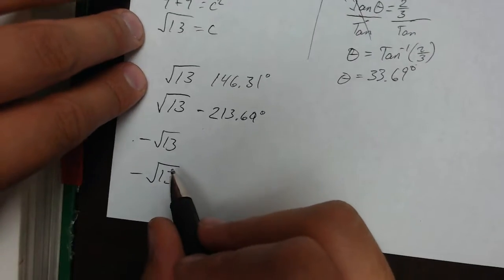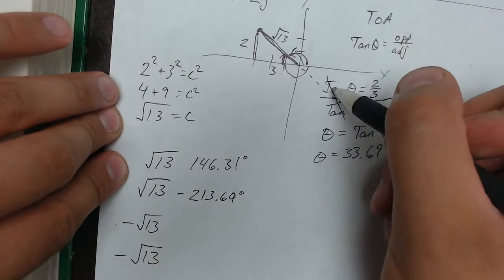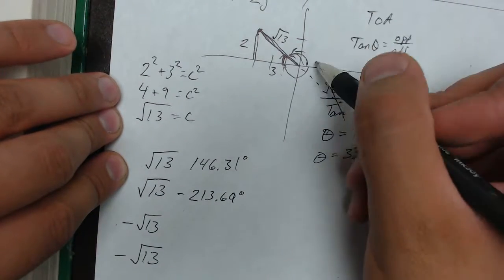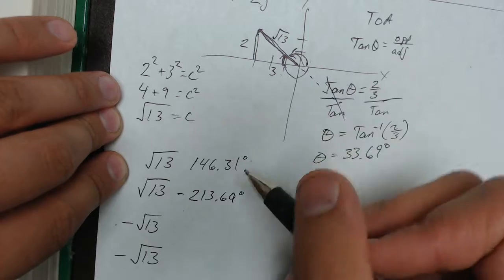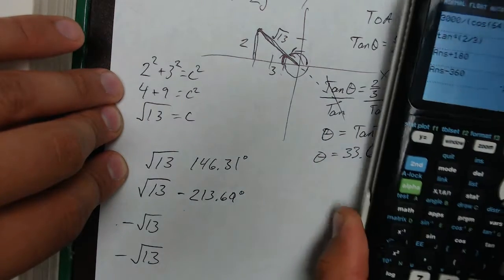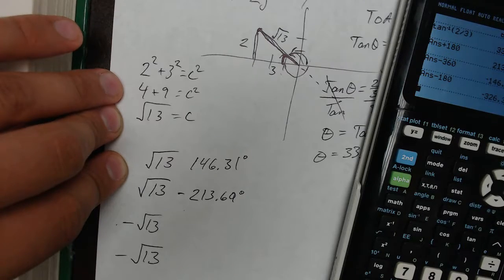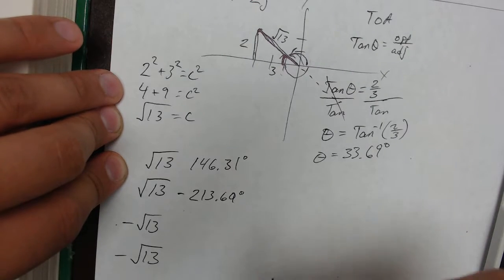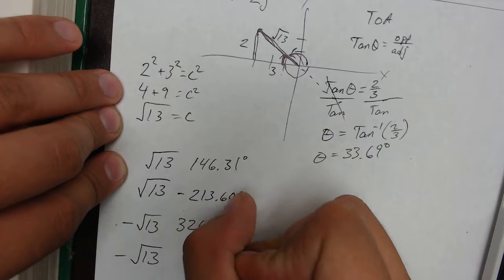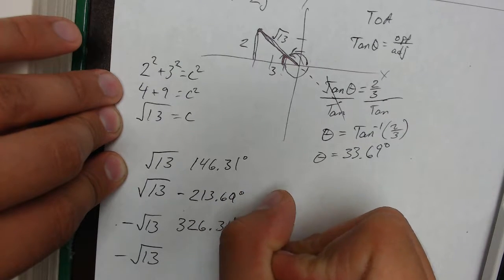Now the negative answers, or the reflections, are 180 degrees on the opposite side. So to do the angle of elevation, we would add 180 to this number. So when I do that on my calculator, which we're now allowed to use, I get 326.31. That's the angle of elevation.